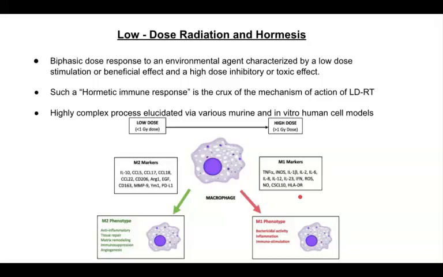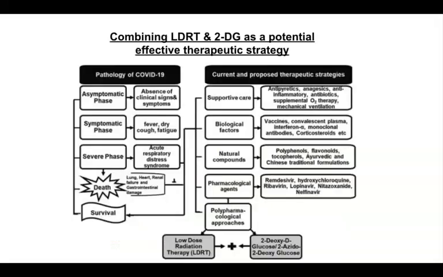When you put all this together, you can see a potential new ammunition in the war against COVID. That is to combine low-dose RT and 2DG as a potential effective therapeutic strategy to combat COVID.